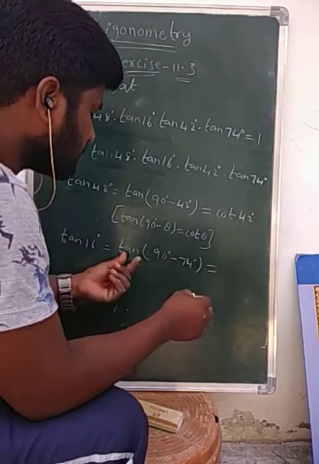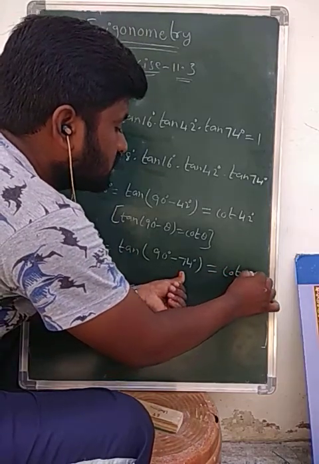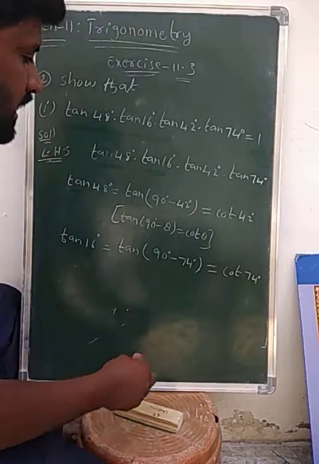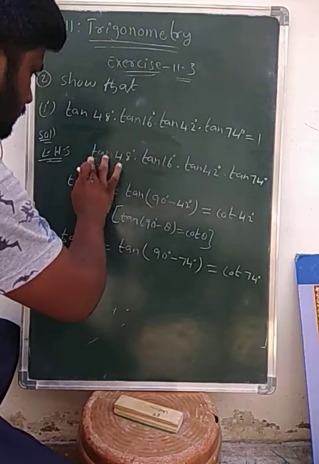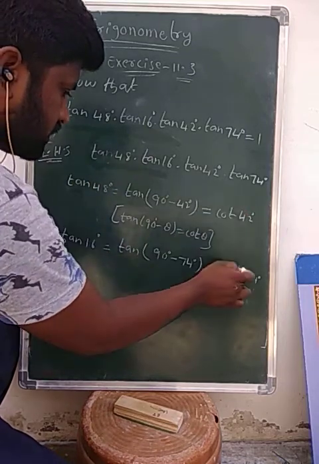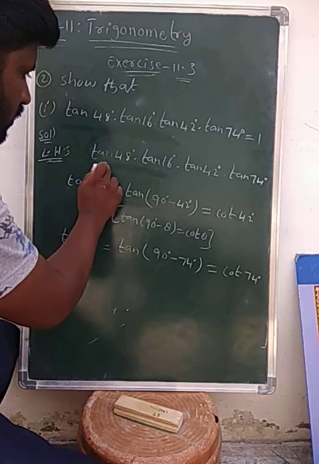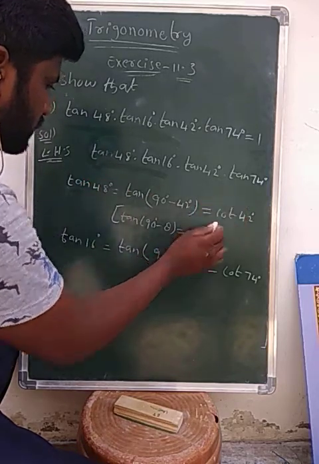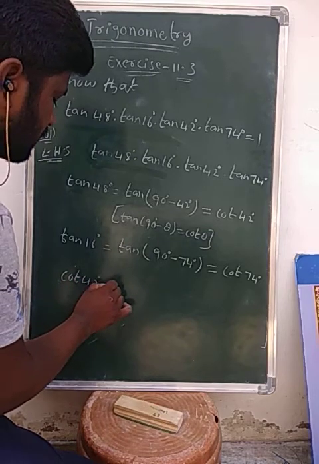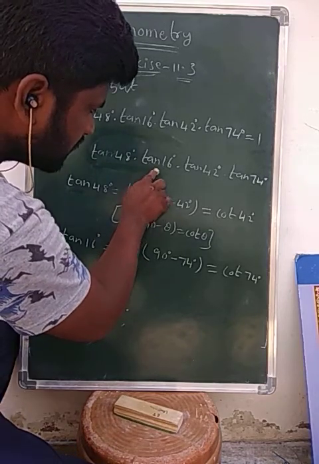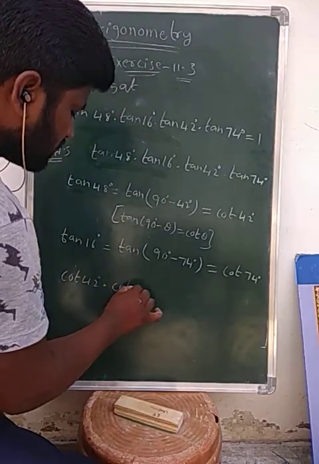So tan 90 minus 74 degrees means cot 74 degrees. So in the place of these two I am going to substitute these values. Tan 48 degrees is cot 42 degrees, into tan 16 degrees, I am going to substitute cot 74 degrees.